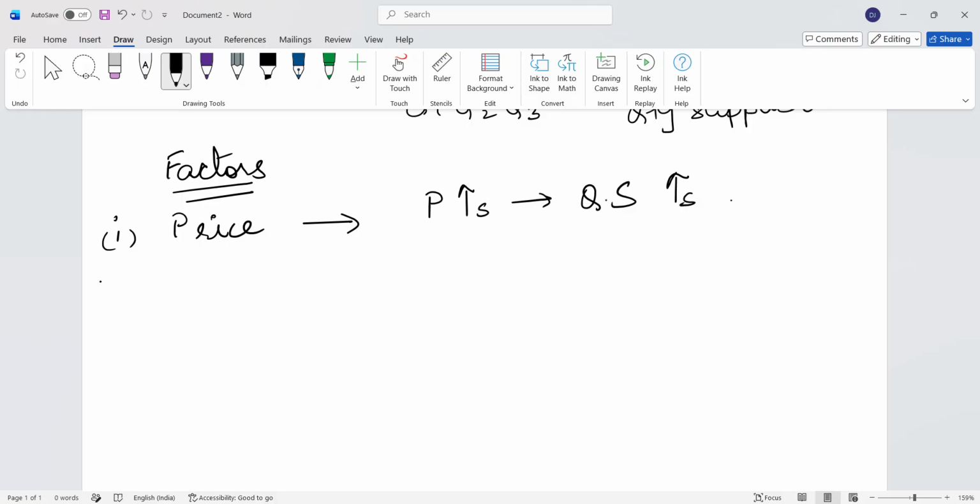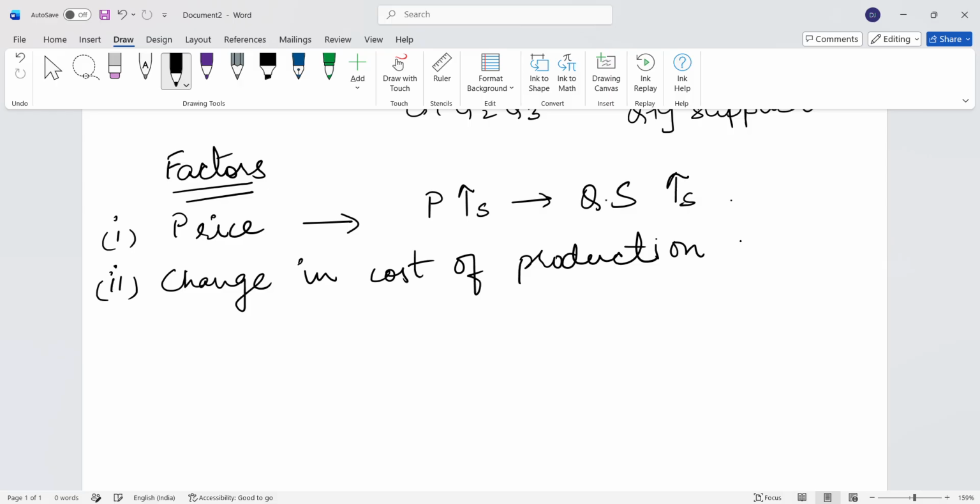All right. The second factor is your cost of production. Change in cost of production. I'll write COP for cost of production. So as the cost of production increases, what happens?